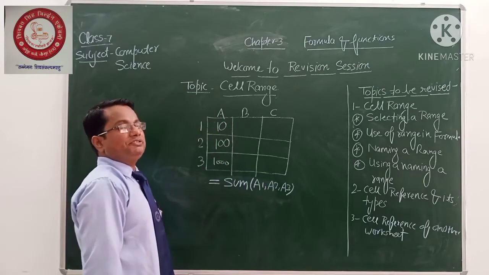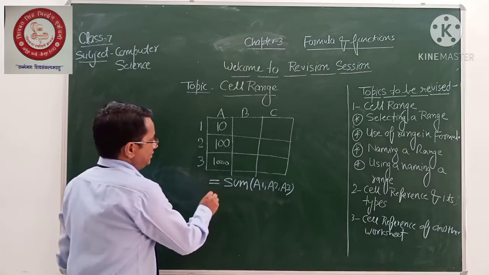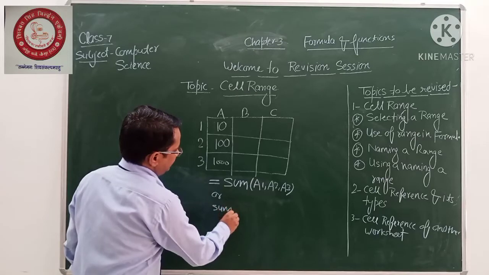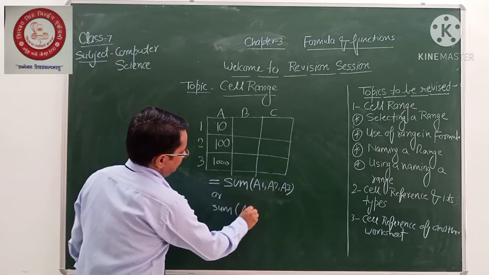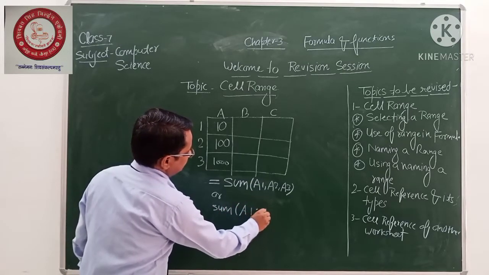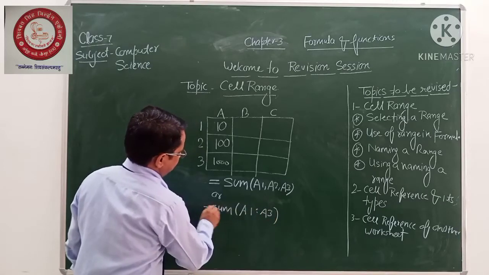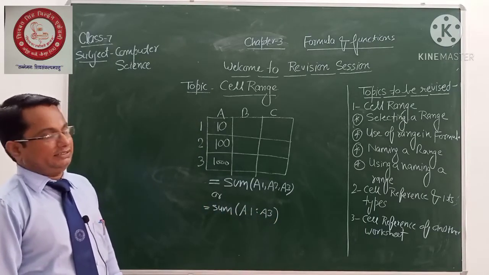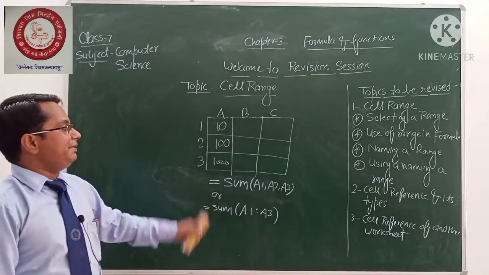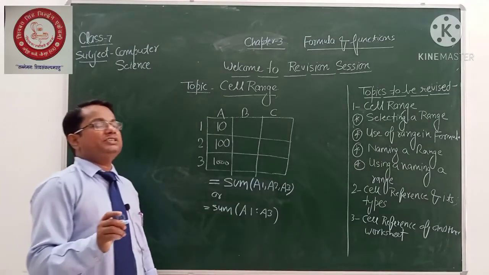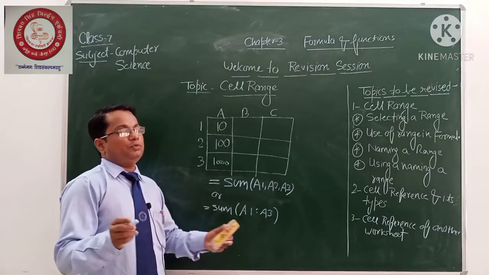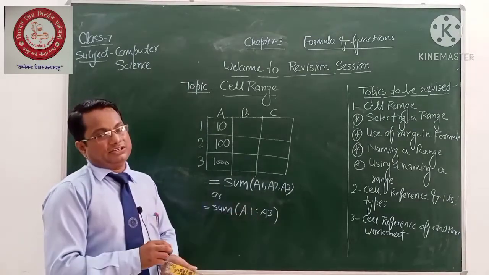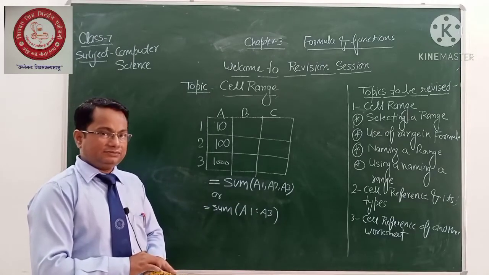This will also give you the sum of all the numbers, or you can write SUM A1 colon A3. This is also one way to use the cell range. Please remember, whenever you use a cell range, a group of contiguous cells, you have to use the colon sign.